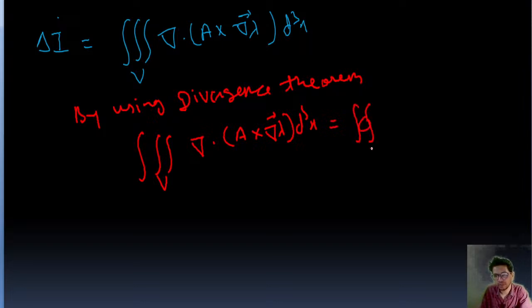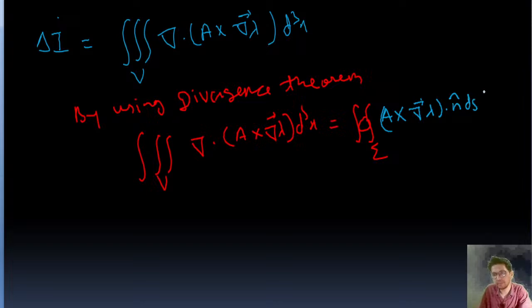So this is surface integration, sigma, and because we are using the divergence theorem on the divergence of this complete vector, this is going to be A cross gradient of lambda dot n cap dS.